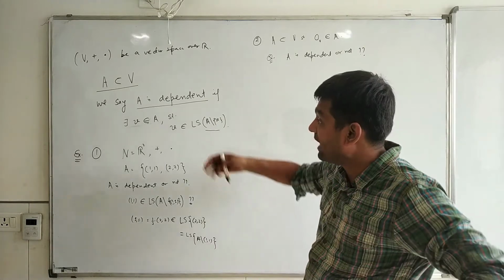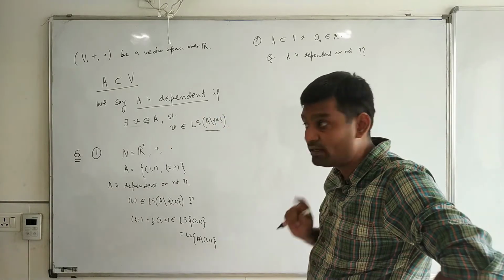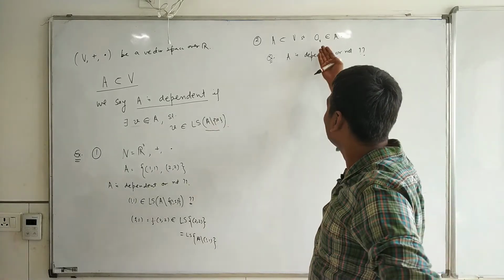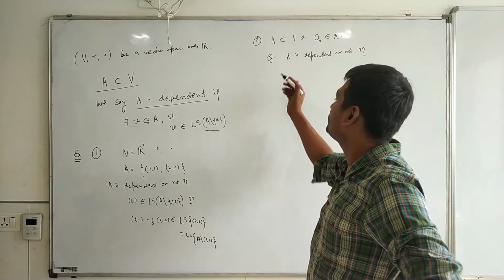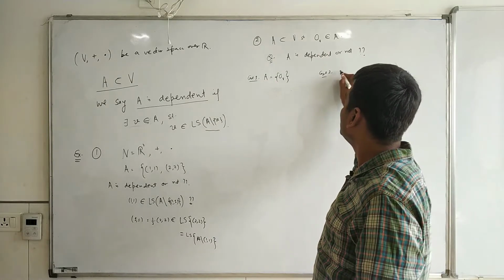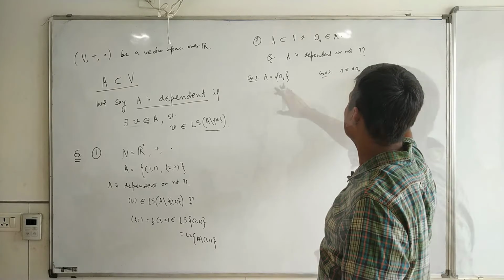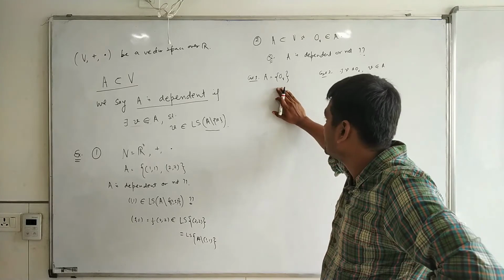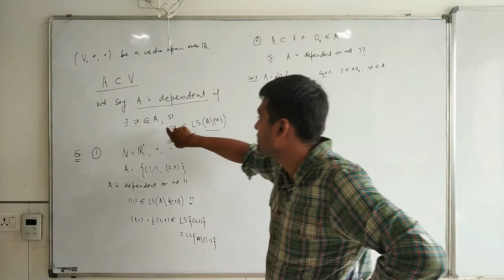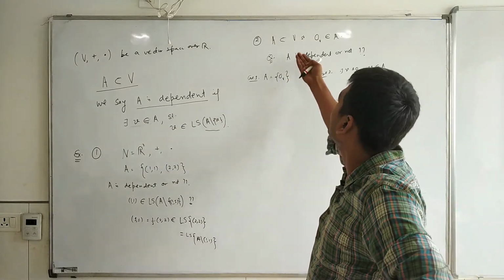If it is dependent, you have to find one element in A which is a linear combination of the others. We just know that it has a 0_V, so there may be two cases. In the other case there exists some v which is not equal to 0_V and v belongs to A. Let us see in both cases whether we can prove that there is an element in A which is a linear combination of the other elements. Then we are done, which means A will be dependent.